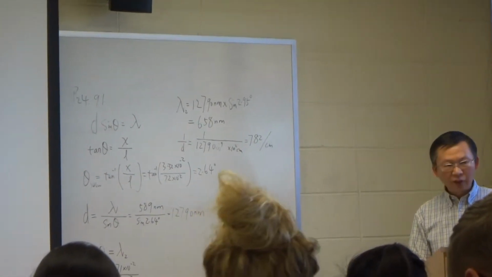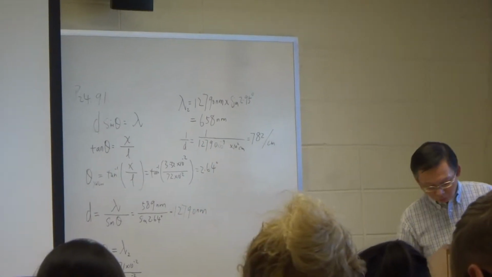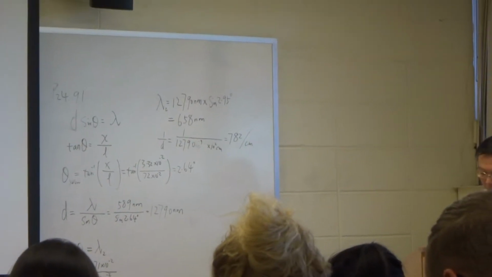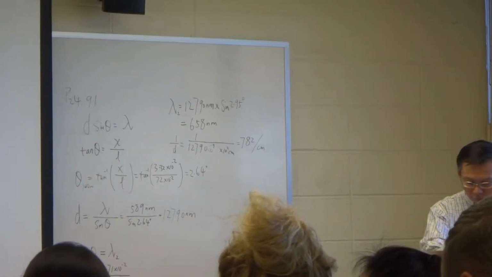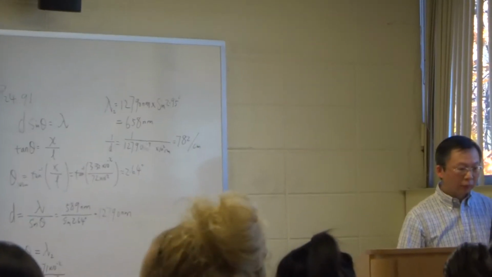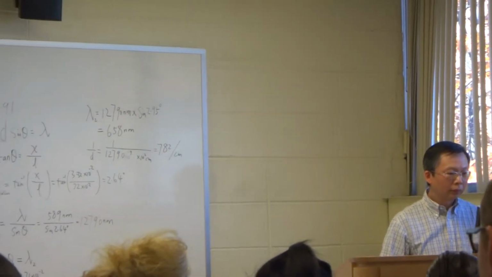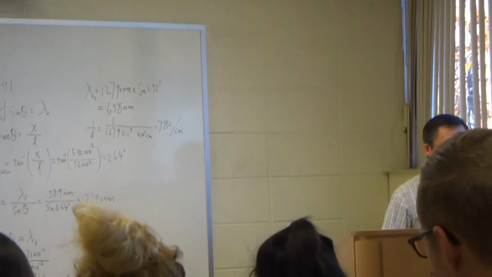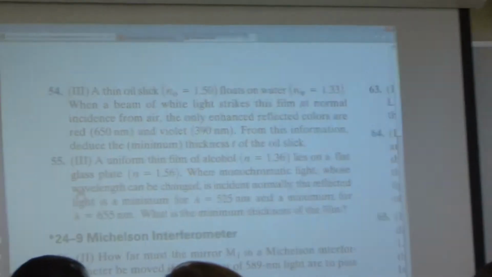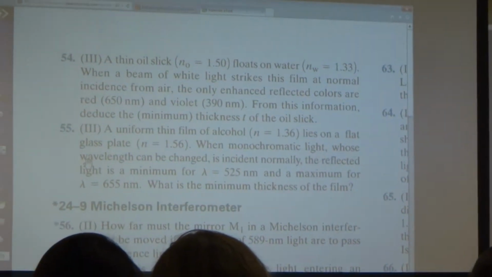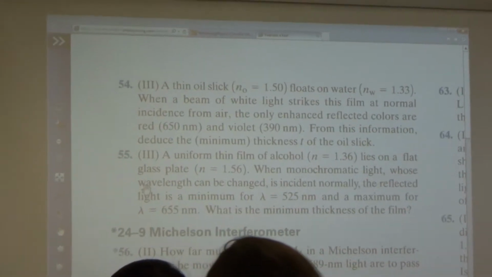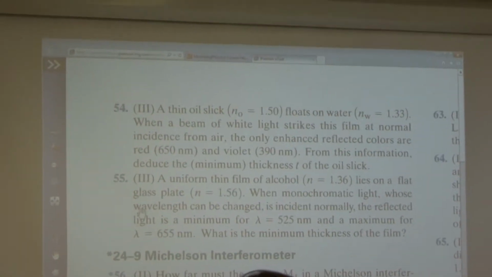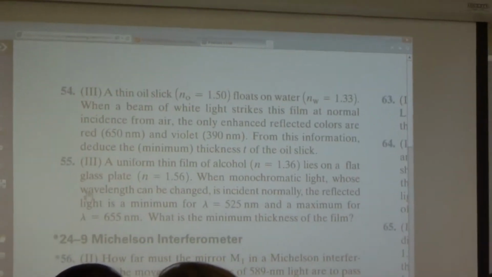We're talking about thin film interference. Let's look at problem 54. Problem 54 talks about a thin oil slick floating on water. It gives you the index of the oil and the index of water.